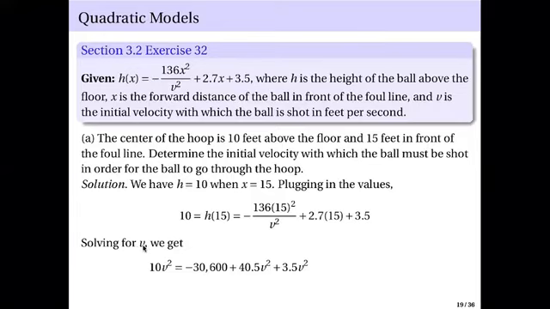We isolate v. So you multiply both sides of the equation by v squared. You will get 10 v squared equals negative 30. If you multiply this guy here, it's negative 30,600. If you multiply this, you will get 40.5, times v squared also. And here you have 3.5 times v squared.